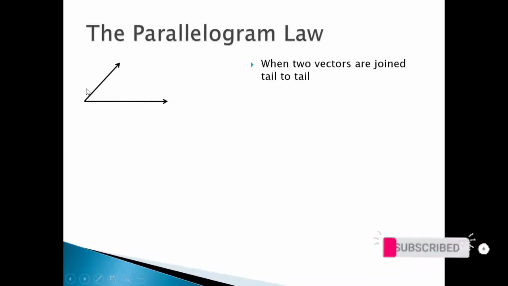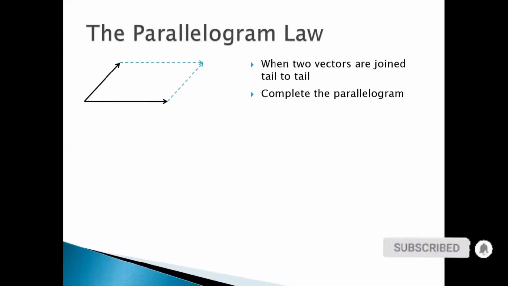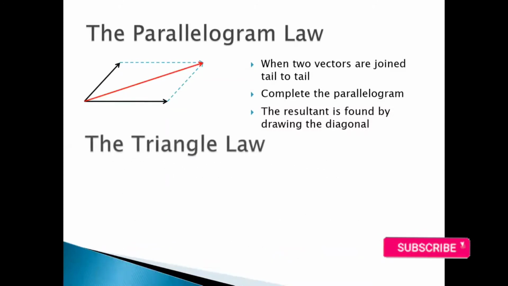This vector is connected to the tail of these vectors. We complete the parallelogram to show its resultant vector. Ayan, that's the resultant vector. You will just complete the parallelogram by showing an imaginary line for you to know the resultant vector.